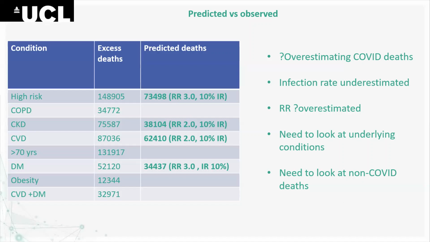Is that because there's greater infection rate than 10%? Almost definitely. Is the relative impact of the pandemic higher than our estimates? Probably. And you can go down the list that across all of the estimates, we've, if anything, underestimated.